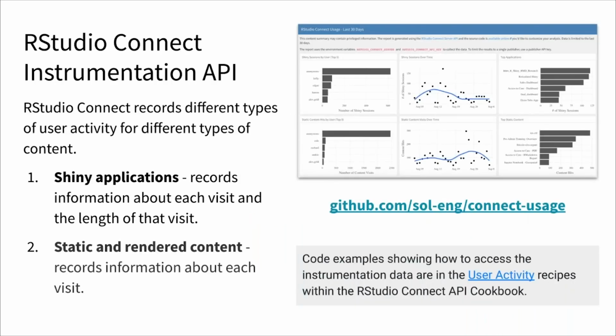Well, there's also tools for getting that data off of your RStudio Connect server, and that is through usage of another API called the RStudio Connect Instrumentation Data API. And this is a really cool feature that Connect has that I think is underutilized.